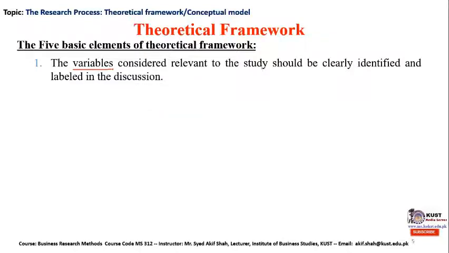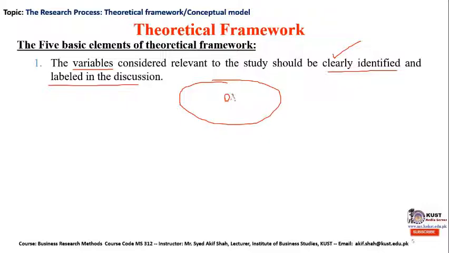considered relevant to the study should be clearly identified and labeled in the discussion. While we are discussing the problem under the theoretical framework to develop a logical nexus or relationship amongst the identified variables, we should clearly identify that this is our dependent variable, let's suppose, and the other one is our independent variable.